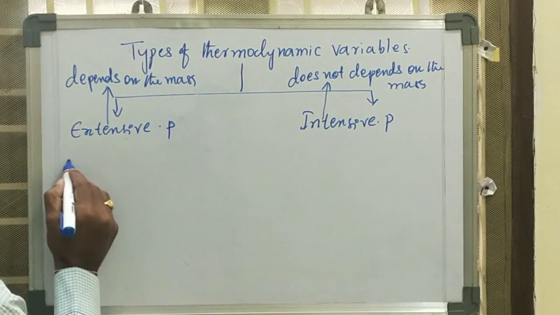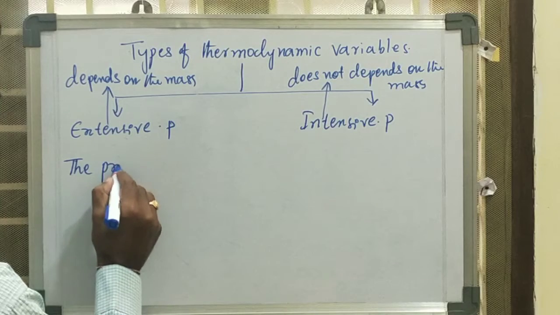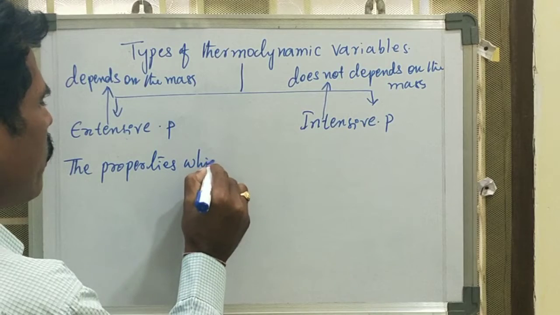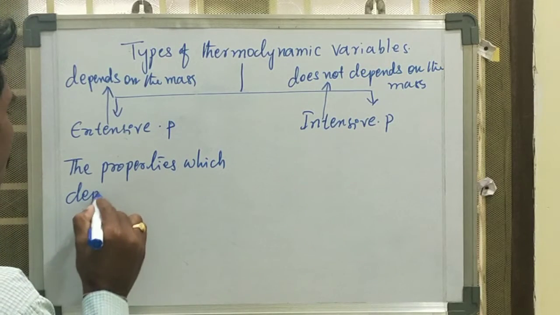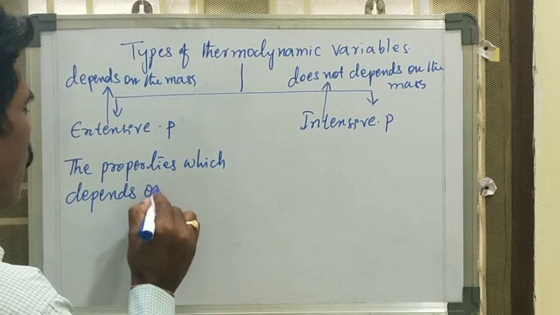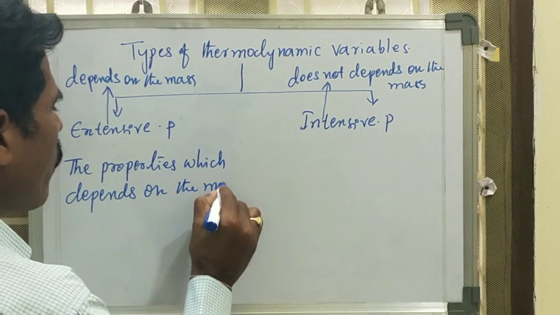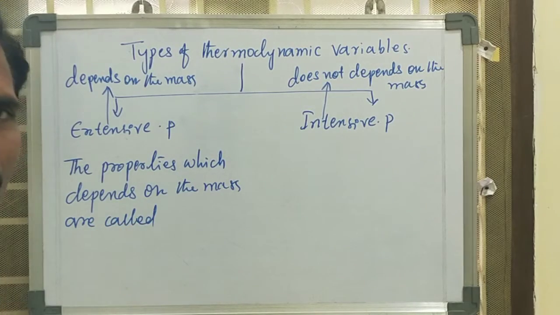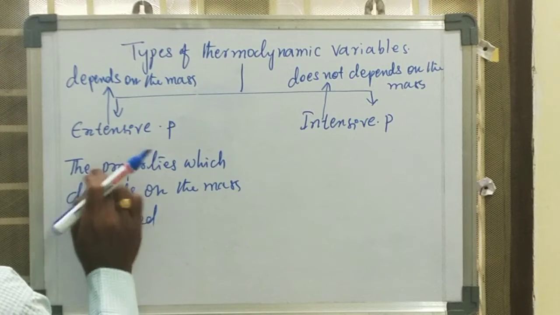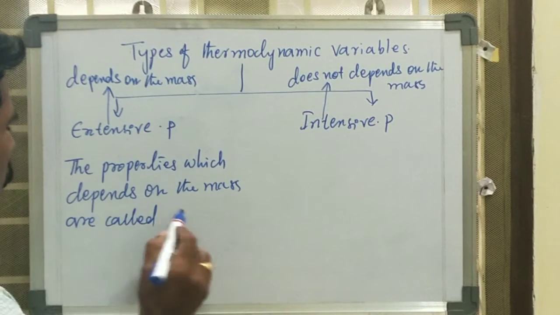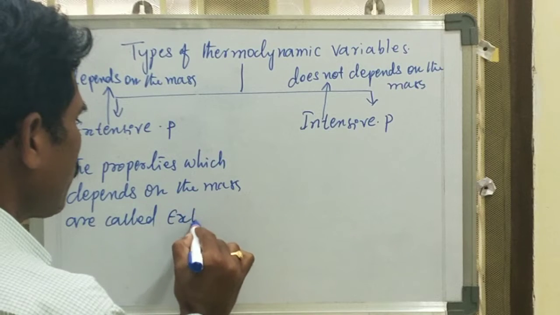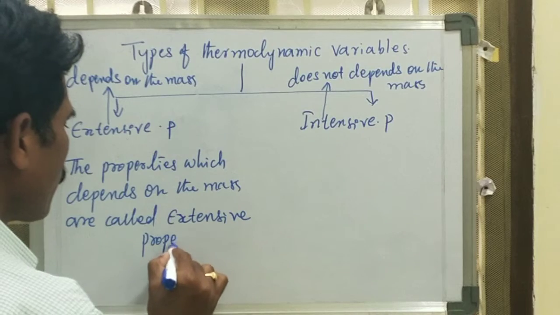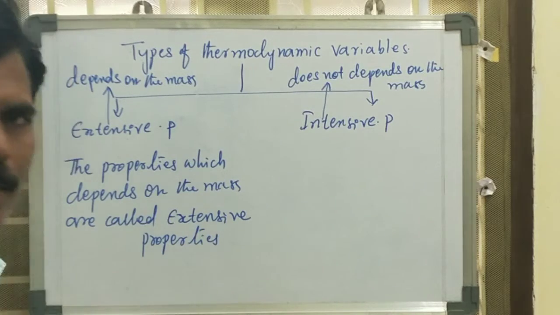The properties which depend on the mass are called extensive properties.